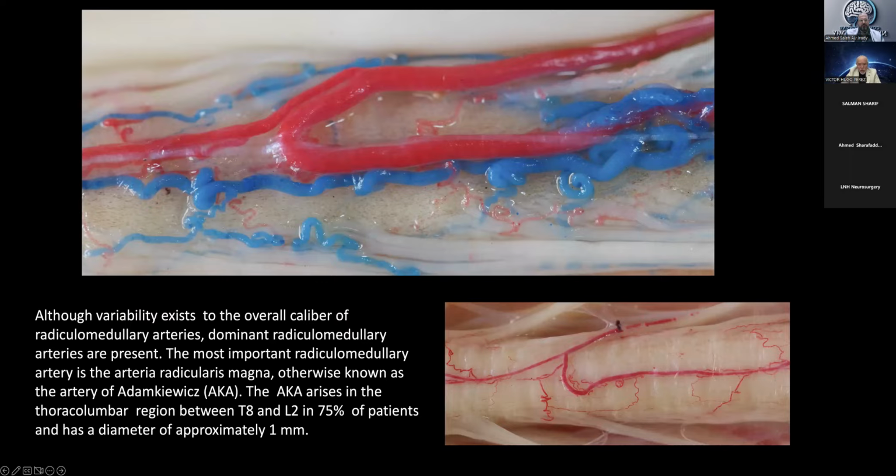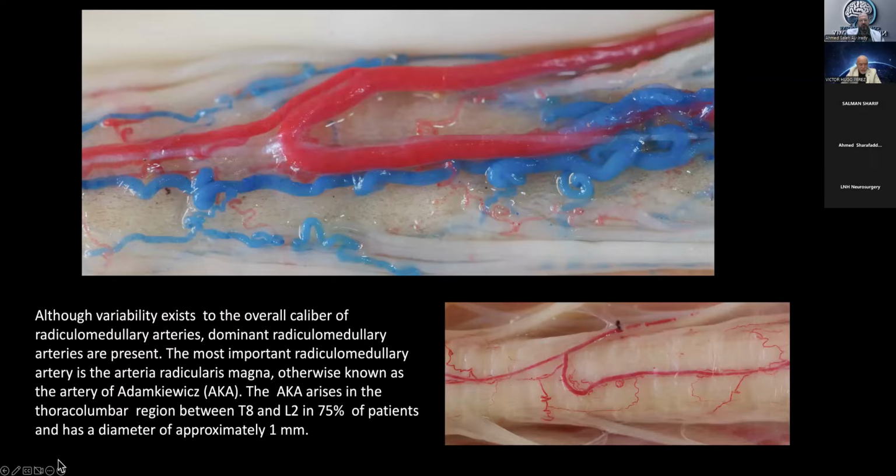So I want to compare this image and the image below. For example, in this case, this is a thoracic artery. Look at the size of this and this. This almost measures 100 or 200 microns.